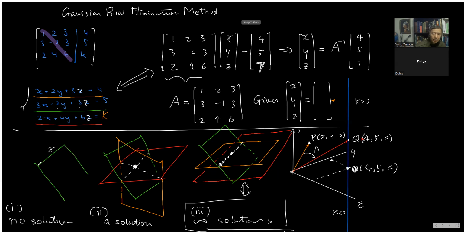If this is the green plane, and therefore the directional vector, do you remember the directional vector? The directional vector will be perpendicular to this plane, okay? And this vector will equal these three numbers. Can you see?